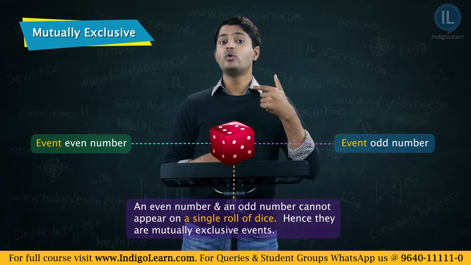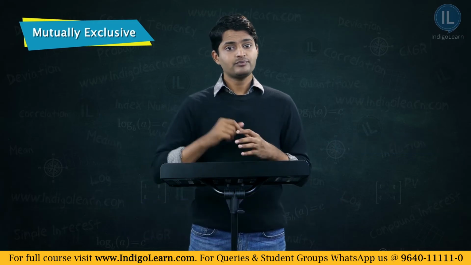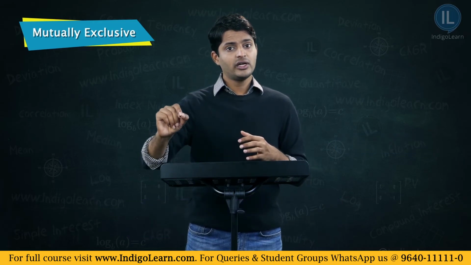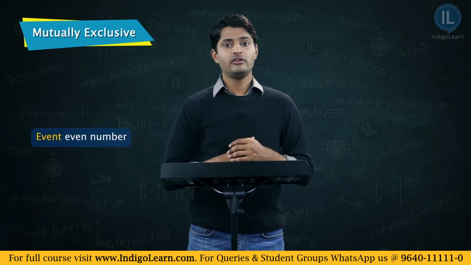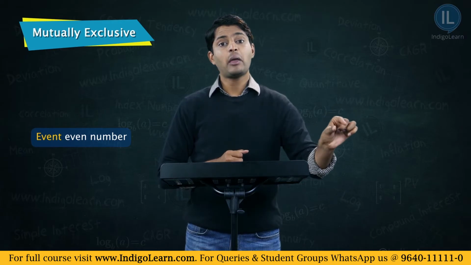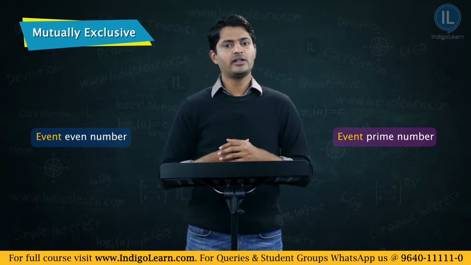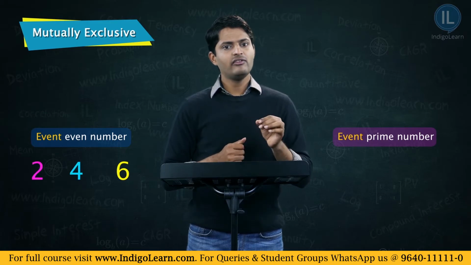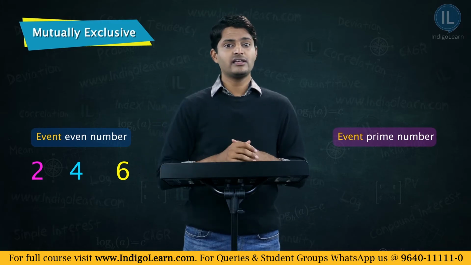So, let me ask you another interesting question. Same die example, single die, what is the probability of a number showing even on the face? What is the probability the face shows a prime number? That means, if you understood what we discussed earlier, even number means 2, 4 and 6, 3 cases out of total 6 cases.